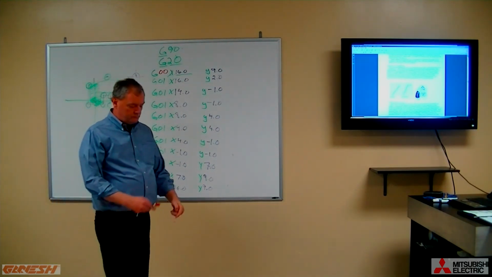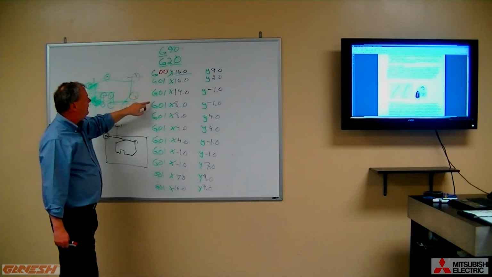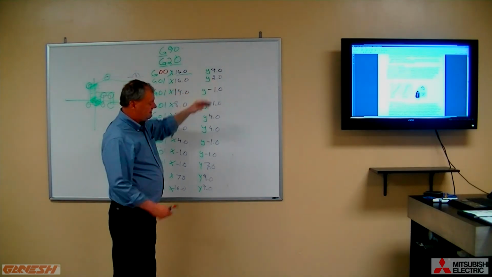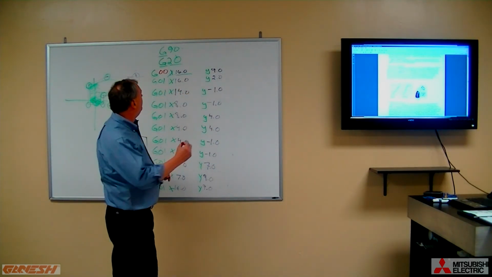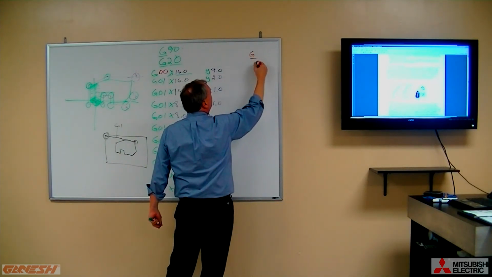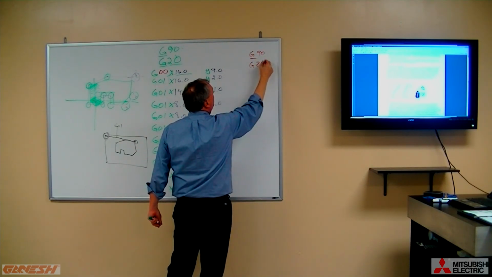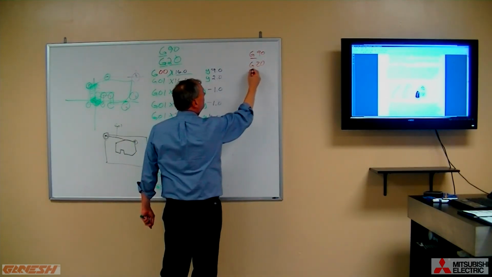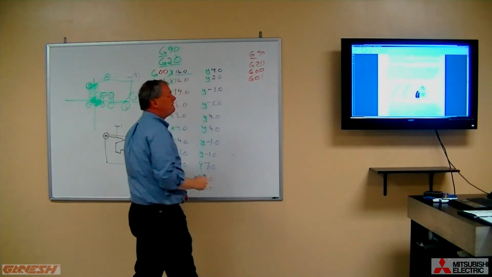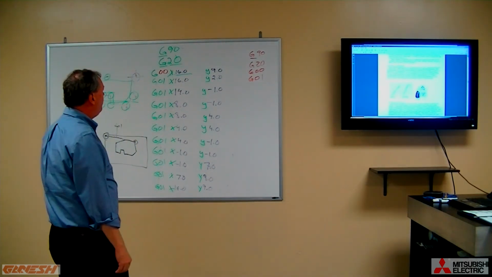Okay? So now, this is still considered preparatory function. These are considered axes addresses, so we've introduced you to a couple of new ones. We now have looked at G90, G20, and now we are looking at G00 and G01. Four different preparatory functions.